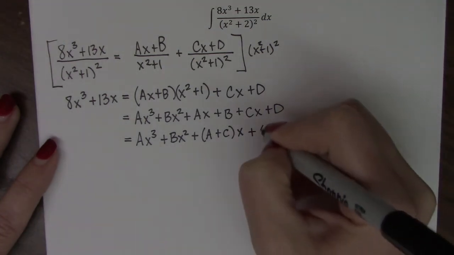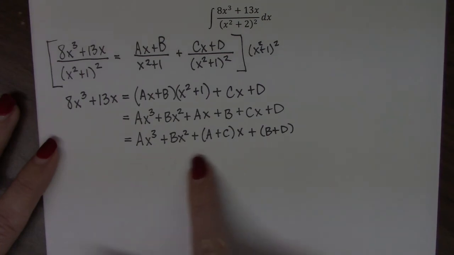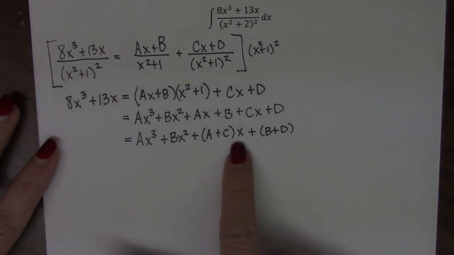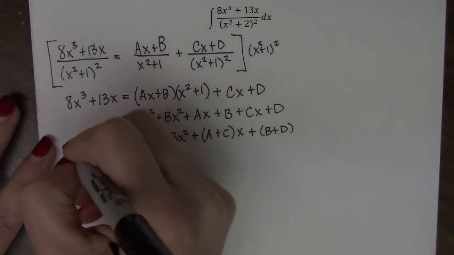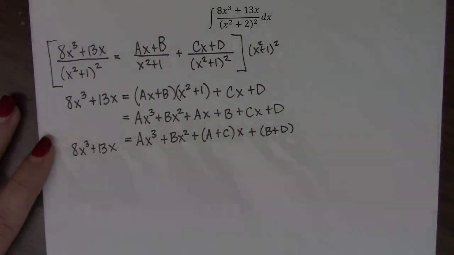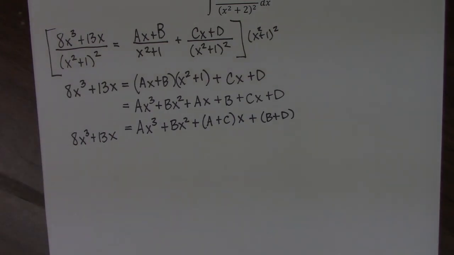So just to be consistent, I'm going to put these in parentheses so we can see that this is in fact a polynomial. We have our cubed term, our squared term, our linear term, and this as our x to the 0 term. So then I'm going to set this equal to the left side. When you have a polynomial equaling a polynomial, what that means is their respective coefficients must equal each other.